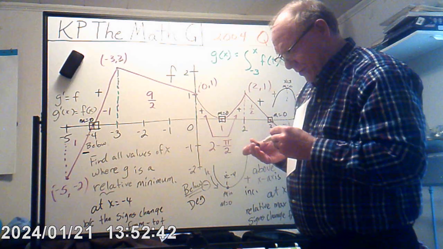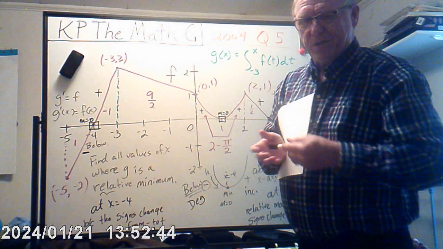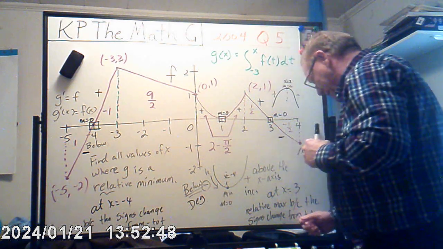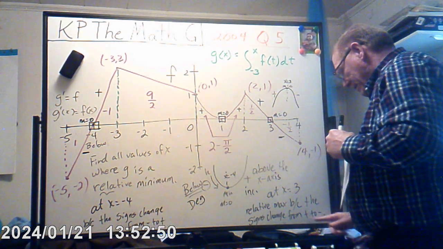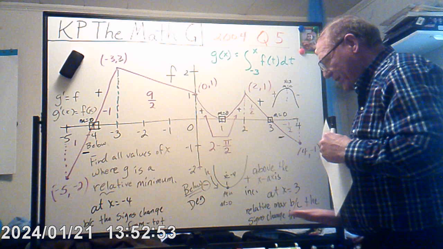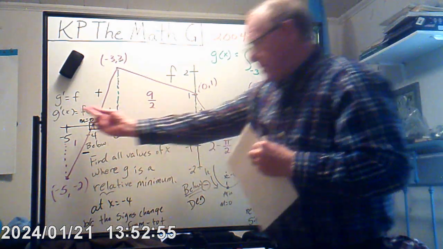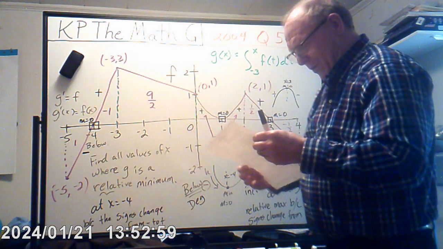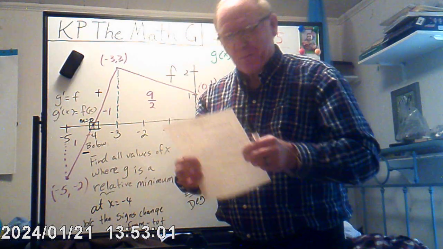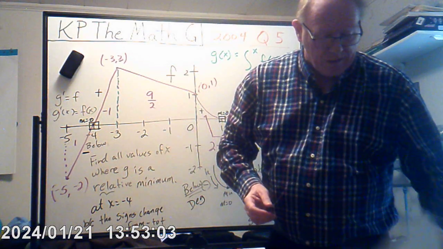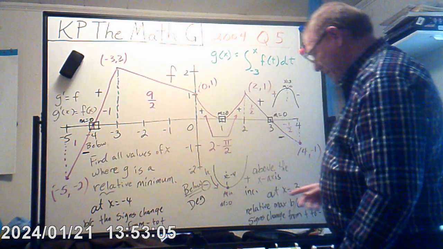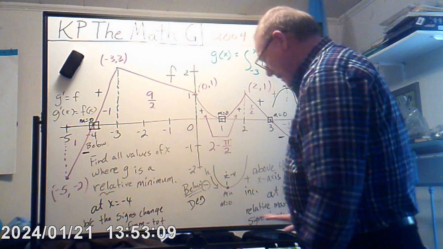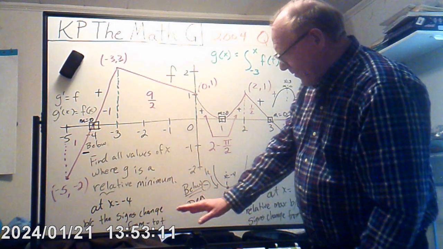You might want to just say the words positive to negative instead of plus to minus. You might get away with this, I don't know. But you have to show this, and you have to show this, to get the full credit. I think that's 2 points for that. They asked for a relative max. I gave both a relative min and a relative max, but notice the difference.